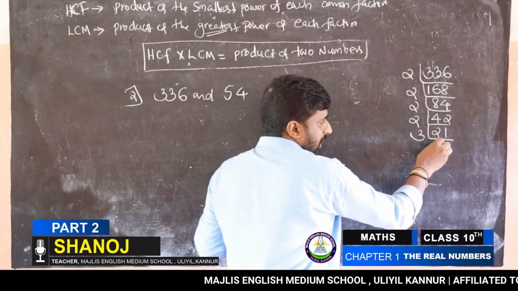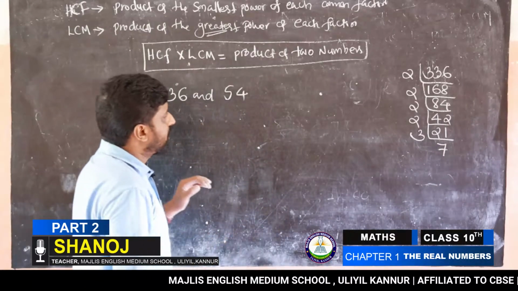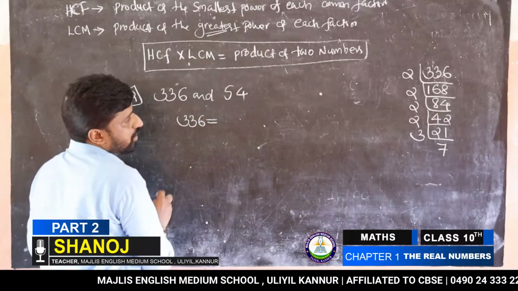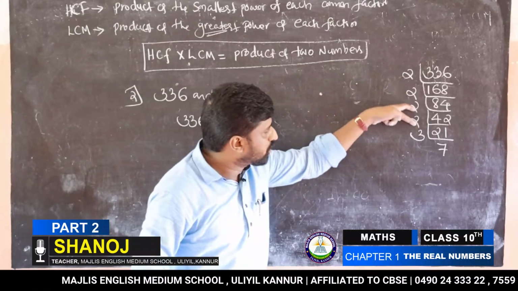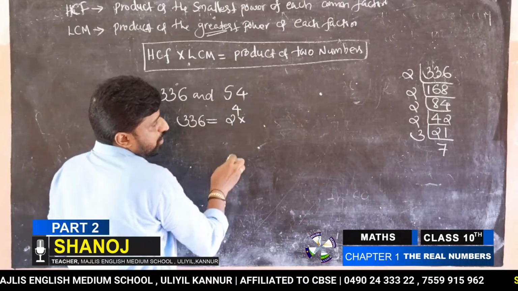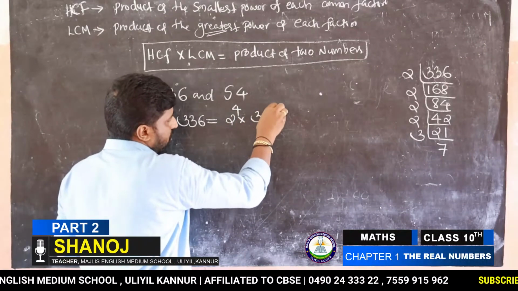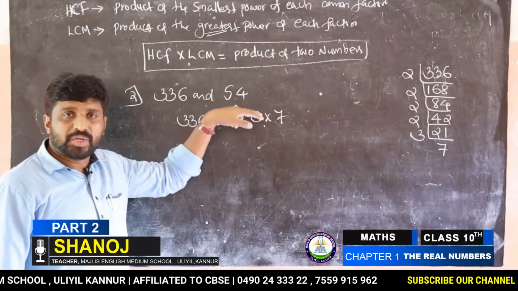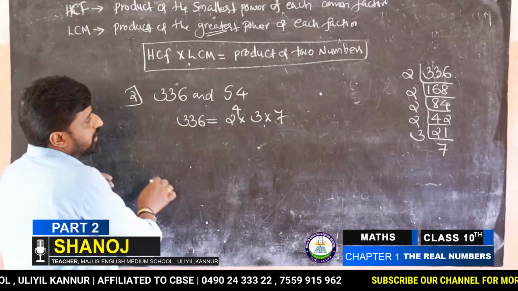Now 3 and 7. So 336 can be expressed as 2 raised to 4 into 3 into 7.